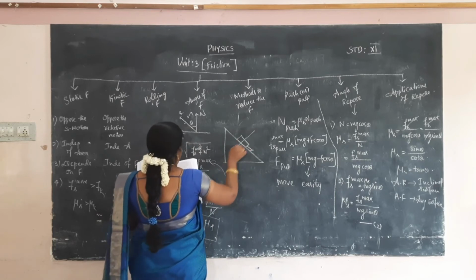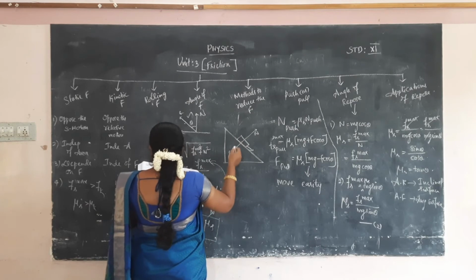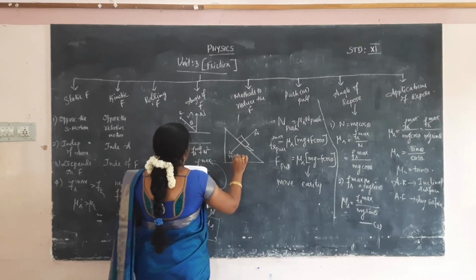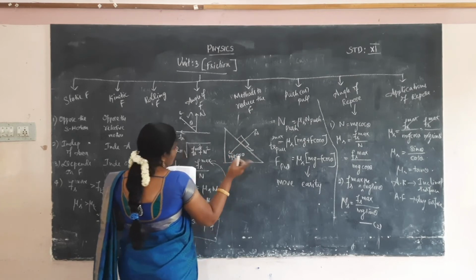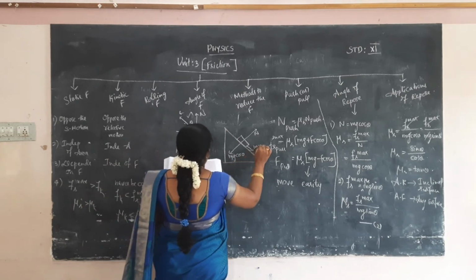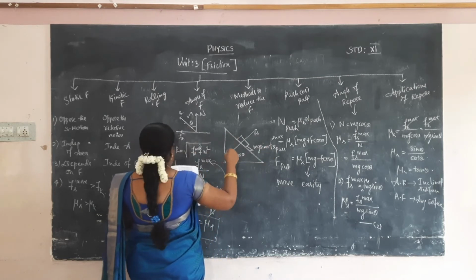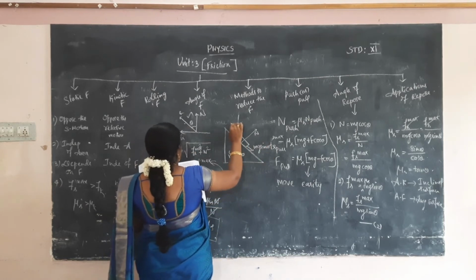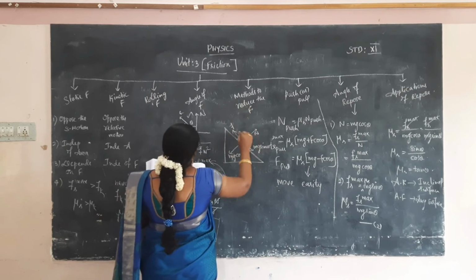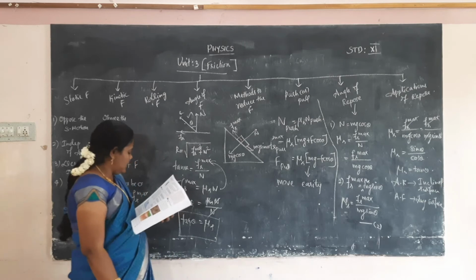Two forces will be acting: the normal force in the vertical direction, and the weight, which is classified into two components, mg cos theta and mg sin theta. Mg sin theta is the parallel component and mg cos theta is the perpendicular component. Friction force will be acting opposite to mg sin theta. So that is called angle of repose.